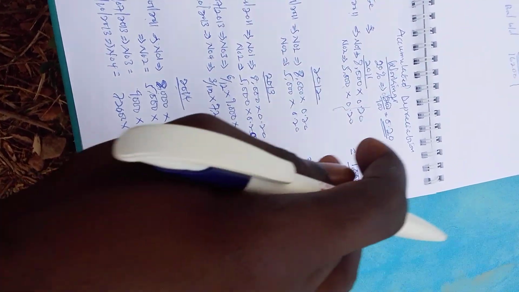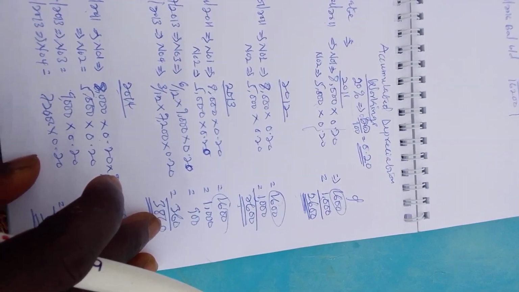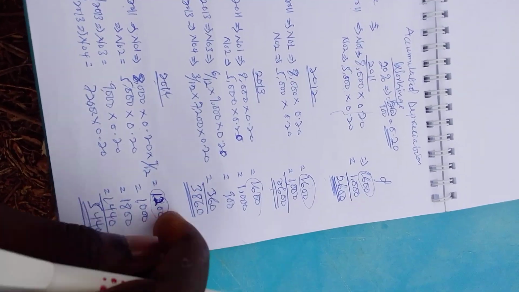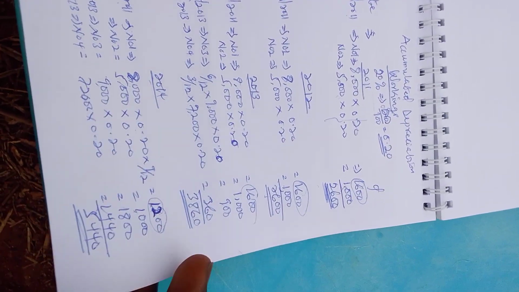You add all of them, which gives you the accumulated depreciation for the asset. So you calculate it to the point where it was disposed.